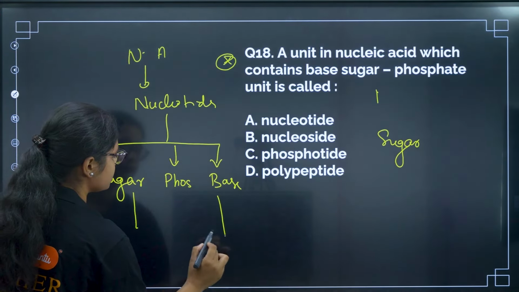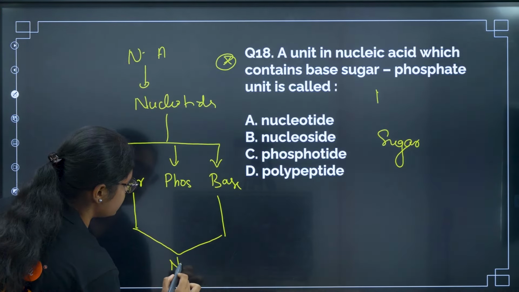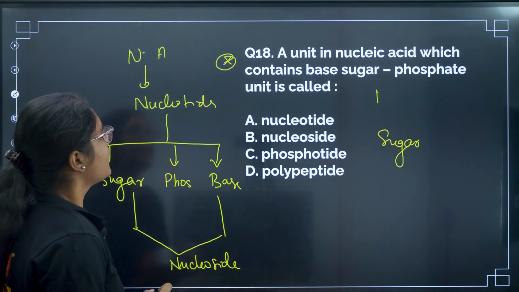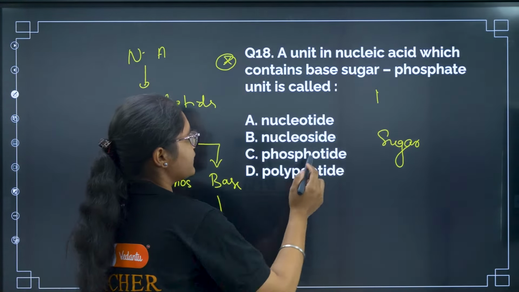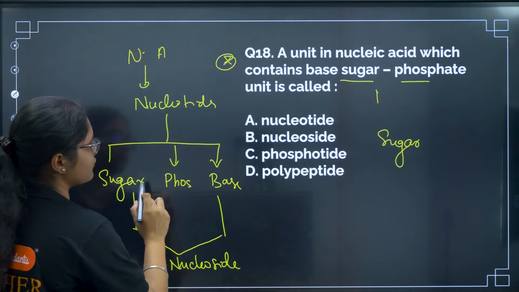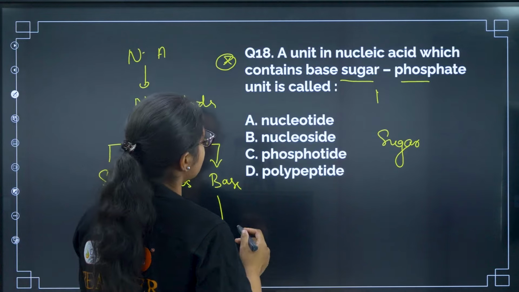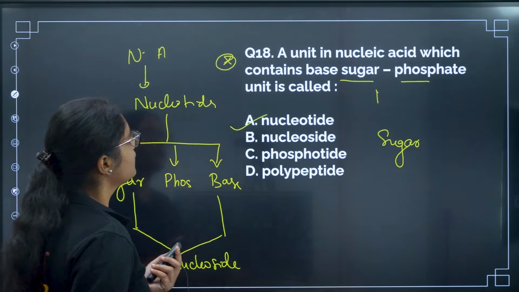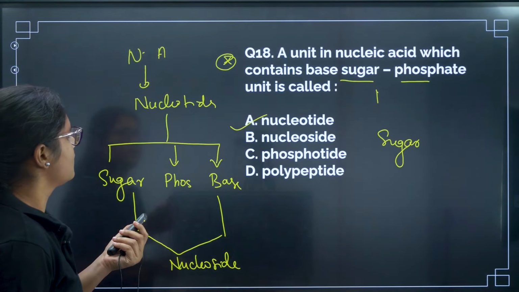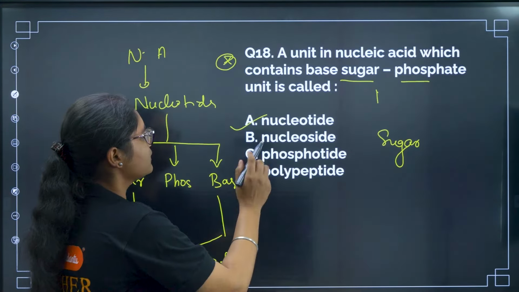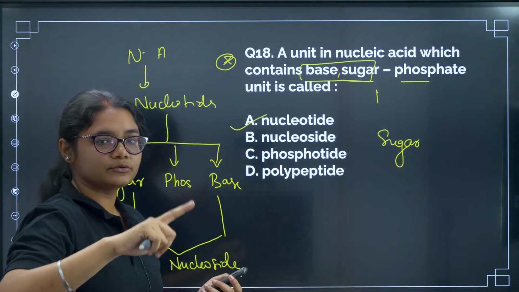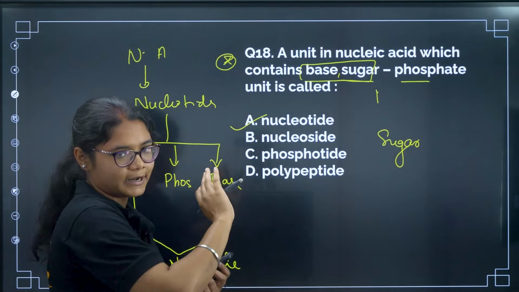The sugar and base together form one unit called a nucleoside. So the question here is a unit in nucleic acid which contains the base, sugar and the phosphate group, so that is called your nucleotide, right? If the question would have been only base and sugar, then the answer is nucleoside. When it is base, sugar and phosphate group, it makes your nucleotide.